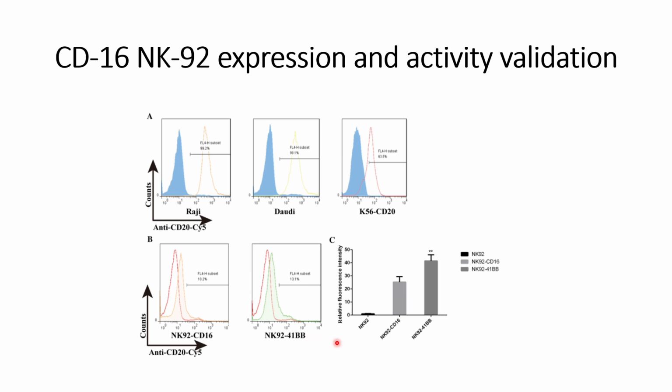And their activities also seem to be working, as they can detect the Fc regions of the Rituximab, which is essential to trigger the cytotoxicity effect against the B cells.